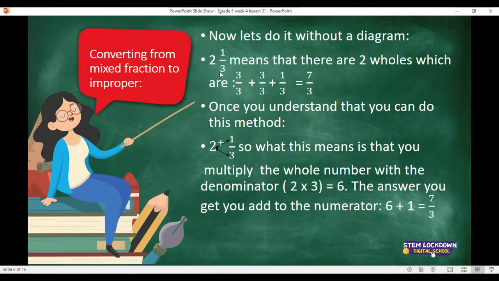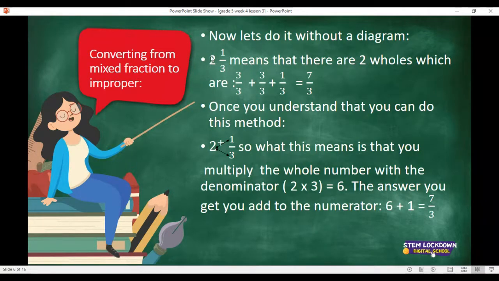So this means the two wholes must be 3/3 and another 3/3. We say 3/3 equals 1 whole. But here we have 2 wholes, so we must have how many? We must have 2 3/3s. So we have 3/3 and 3/3, and now we have our 2 wholes as a fraction.